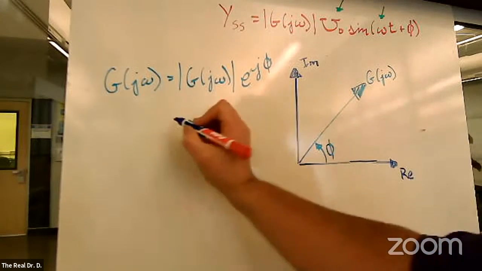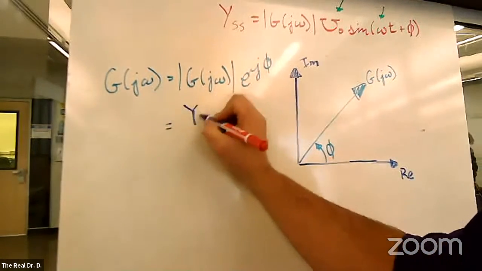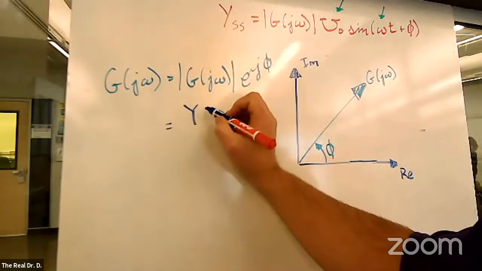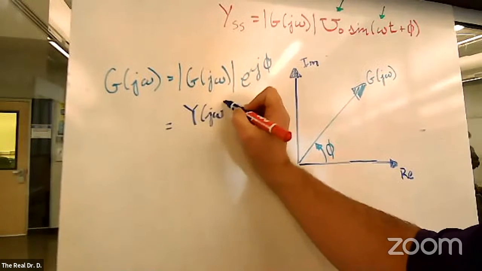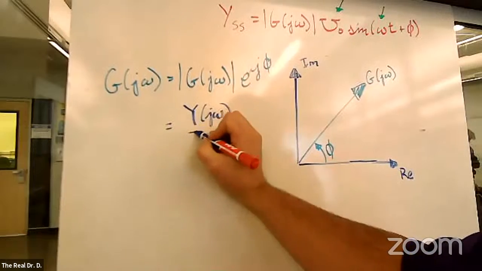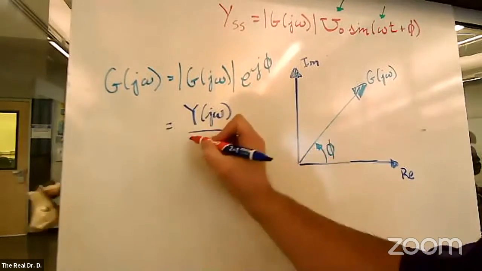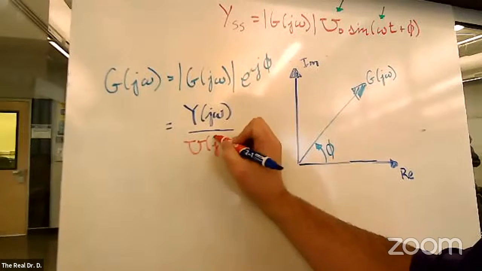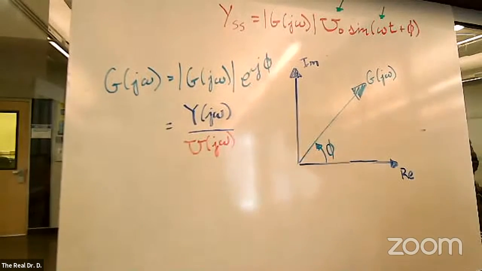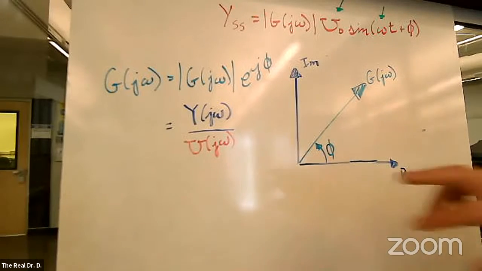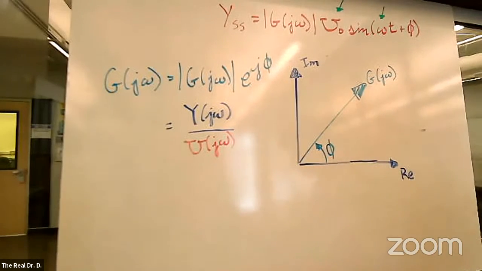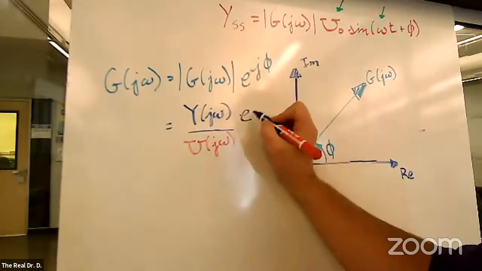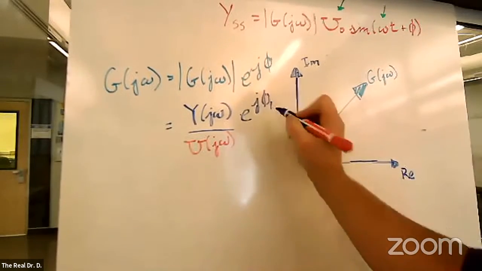But remember, this is equal to Y of j omega over U of j omega, right? Because the transfer function is the ratio of my output to my input. So we can rewrite this equation in polar as well, right?